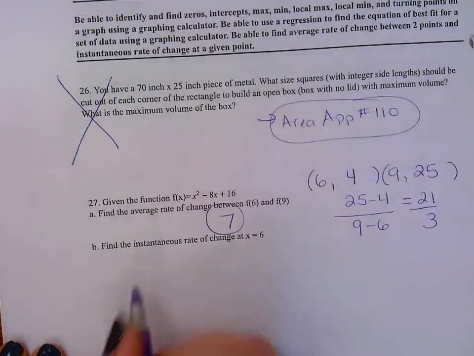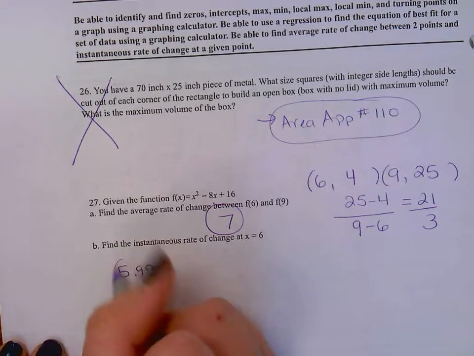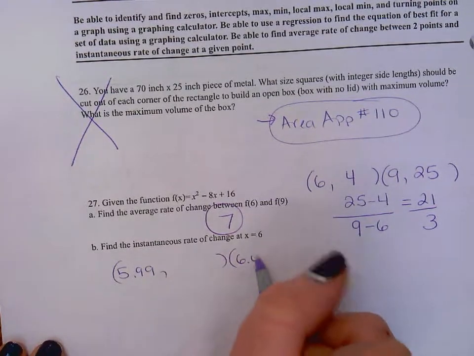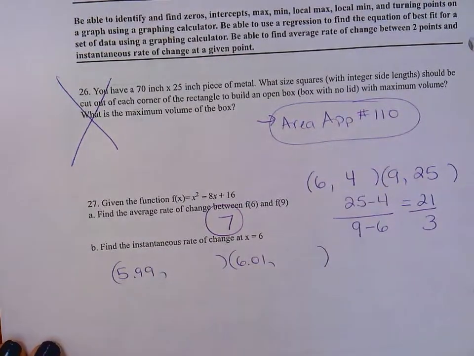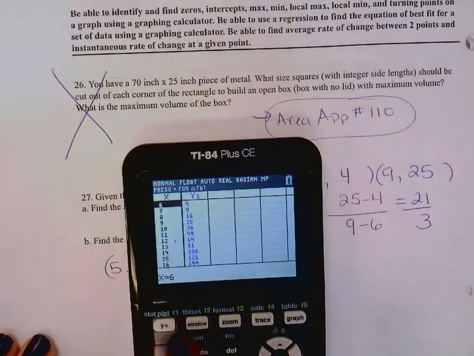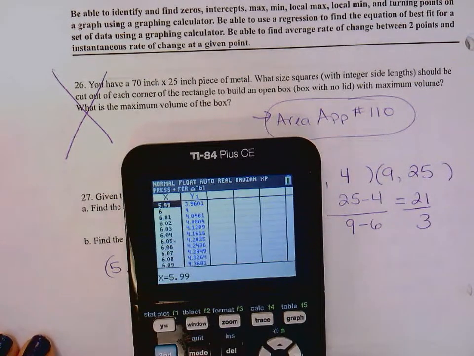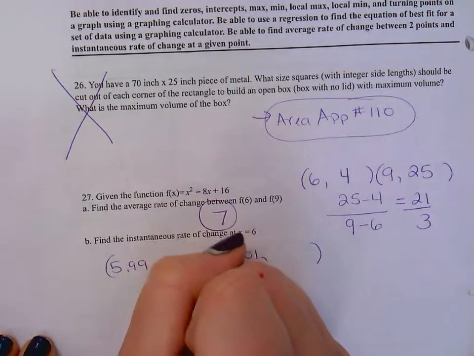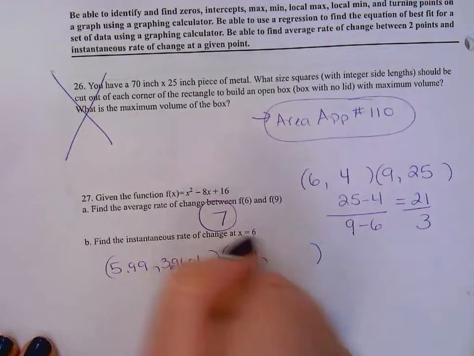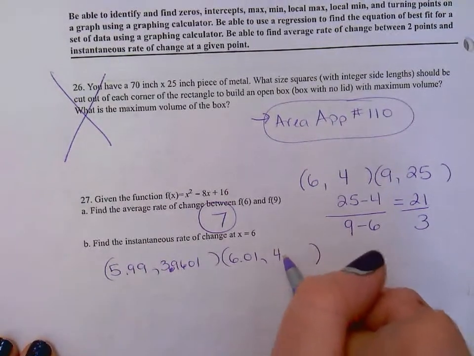For instantaneous rate of change, you're going to go to 5.99 and 6.01. I'm going to go to my table, setup, start at 6 and count by 0.01 on either side. So my two values are 3.9601 and 4.0401.